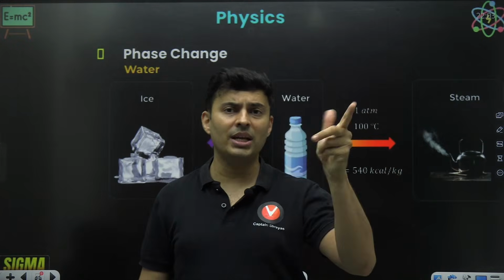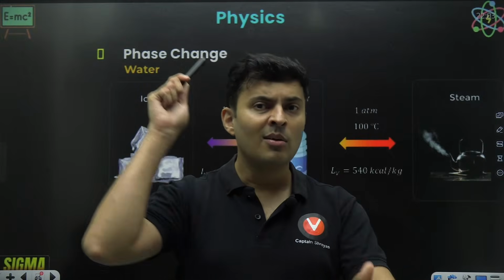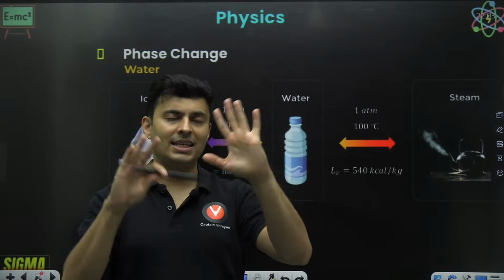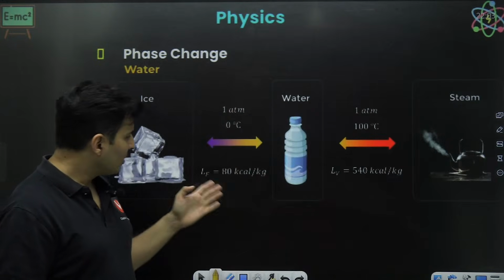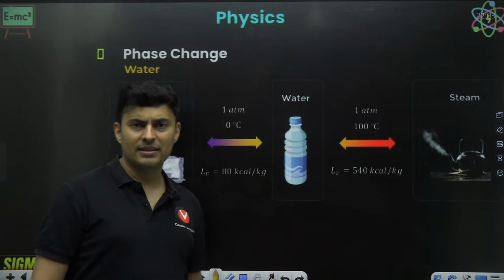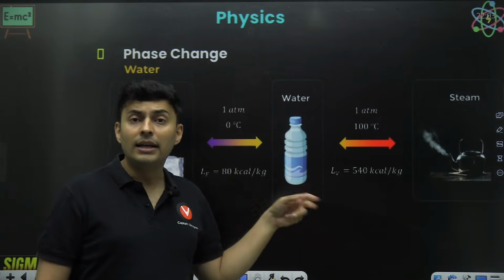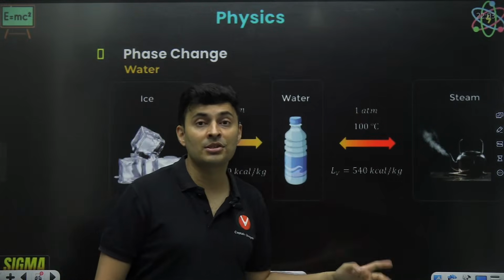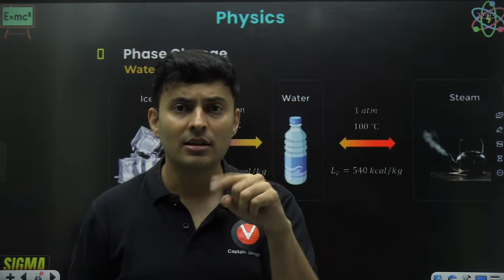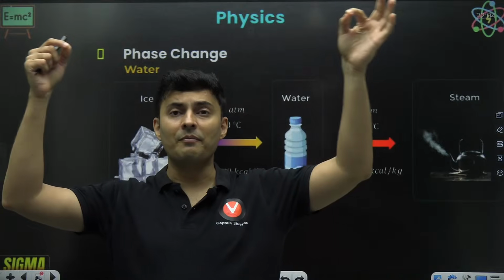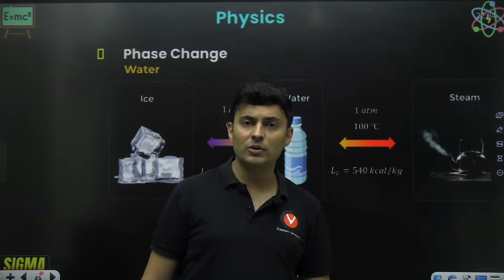So same temperature is maintained throughout that process of the conversion. Once that conversion is over, that's it. Temperature starts changing. Like when you take water, which was just melted, it slowly increases temperature 1 degree, 2 degree, 5 degree, 20 degree, 80 degree, 90, 99, 100 it will reach. After 100, it will not increase the temperature. Slowly the water will convert into steam until the last bit of water is converted into steam.